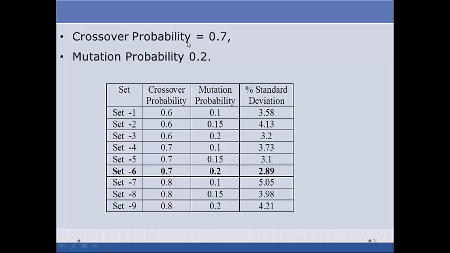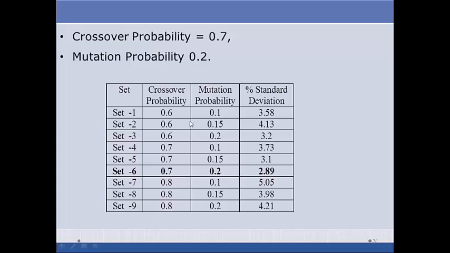Now, how did I come to this 0.7 and 0.2? This is the table which is showing us the mechanism. How did I reach this particular combination, crossover probability 0.7 and mutation probability 0.2?